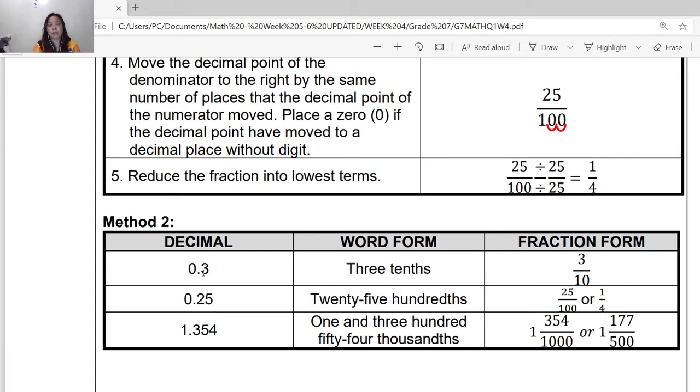For 0.3, the place value of 3 is tenths. You can read this as 3 tenths, and you can write that tenth as over 10. So you have 3 over 10.